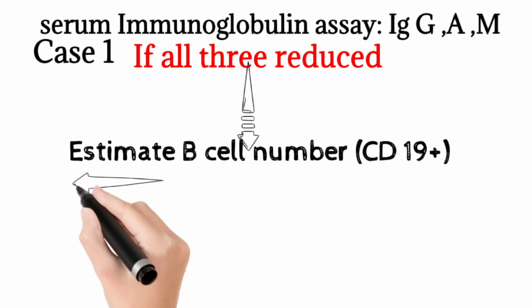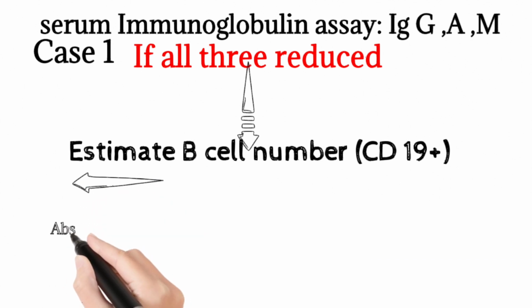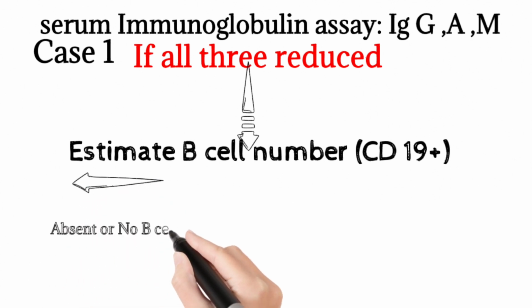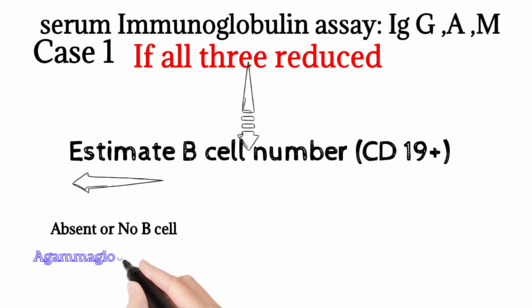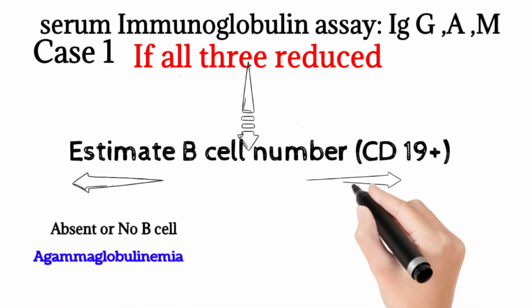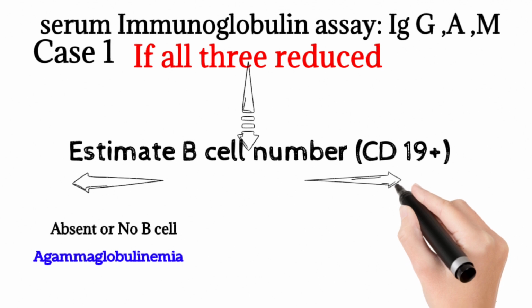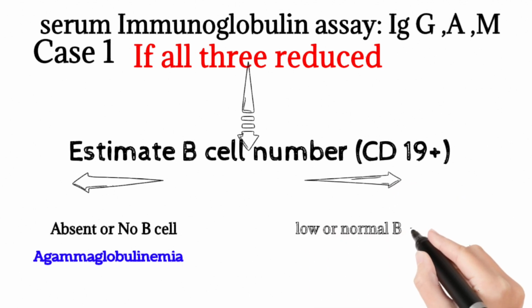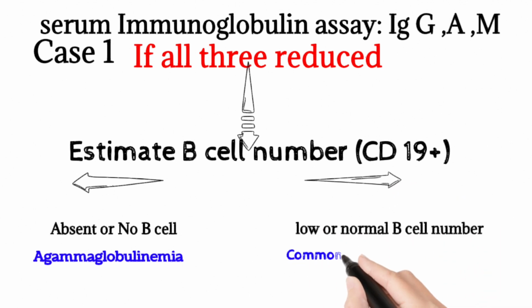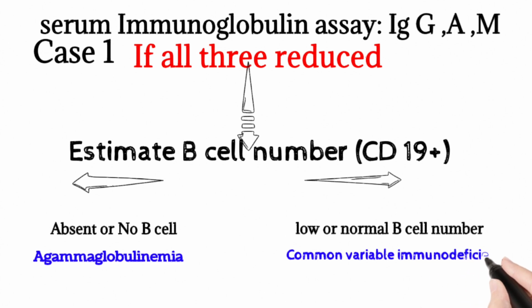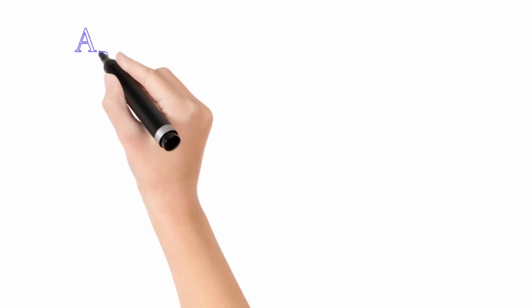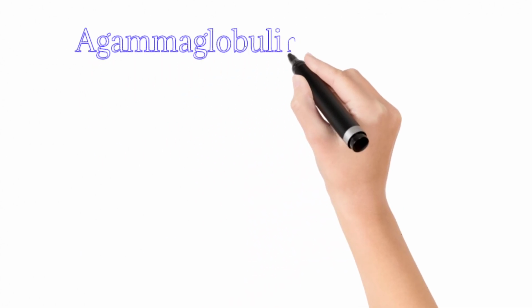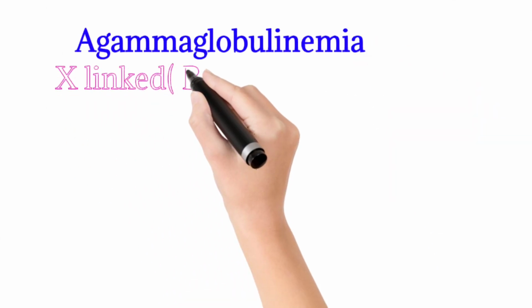Okay, and if we find there is no B cell, meaning immunoglobulin is reduced and no B cell, the condition is agammaglobulinemia. And in the other situation, if we get normal B cell or low B cell number, we have the differential of CVID, common variable immunodeficiency.